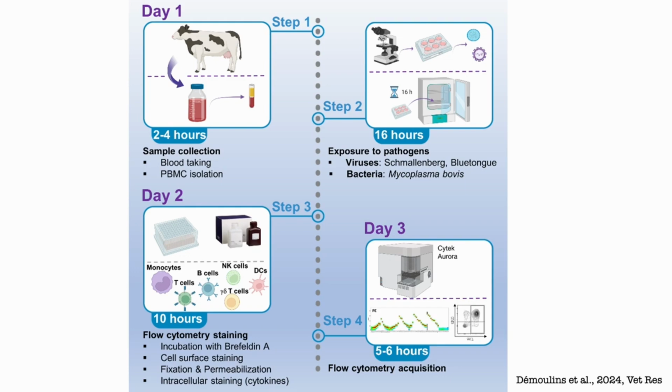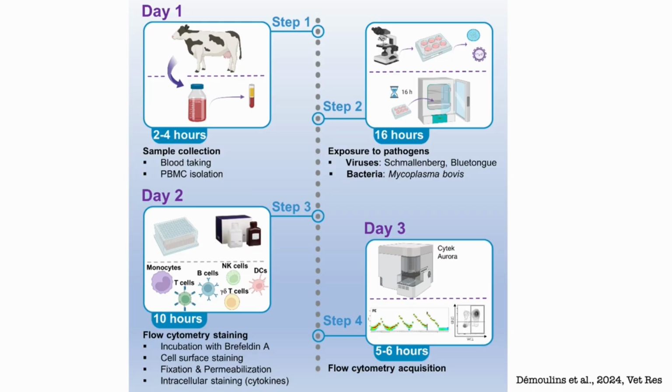Then we infect the PBMCs with the pathogen of interest. Therefore, a multiplicity of infection has to be determined, meaning we have to test different ratios of blood cells to pathogen. We infect the PBMCs with the pathogen for a defined time and place them in an incubator.